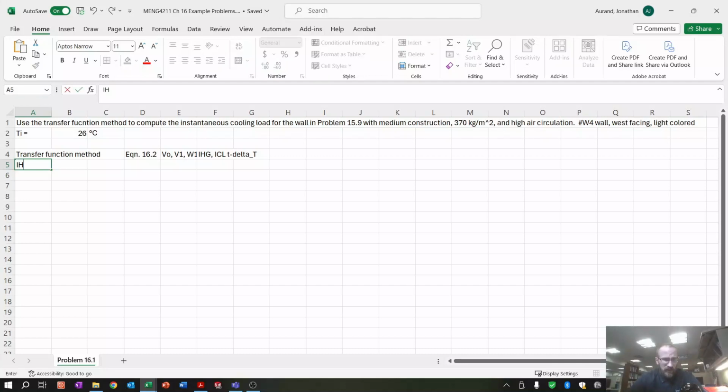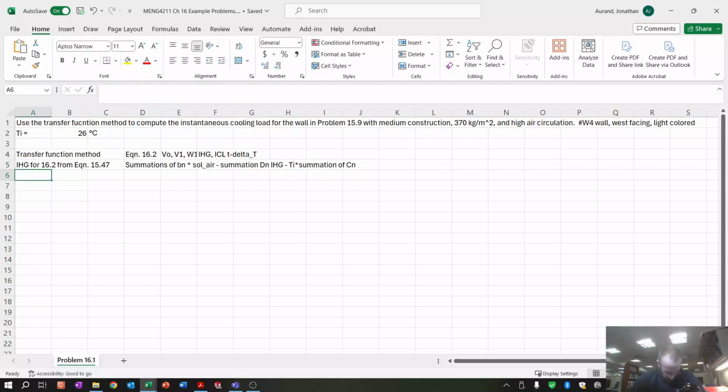So then we need the IHG for that equation from equation 15.47. I don't have all of that out here, but that has those summations of Bn times solar air temperature minus summation Dn IHG minus Ti times summation Cn.